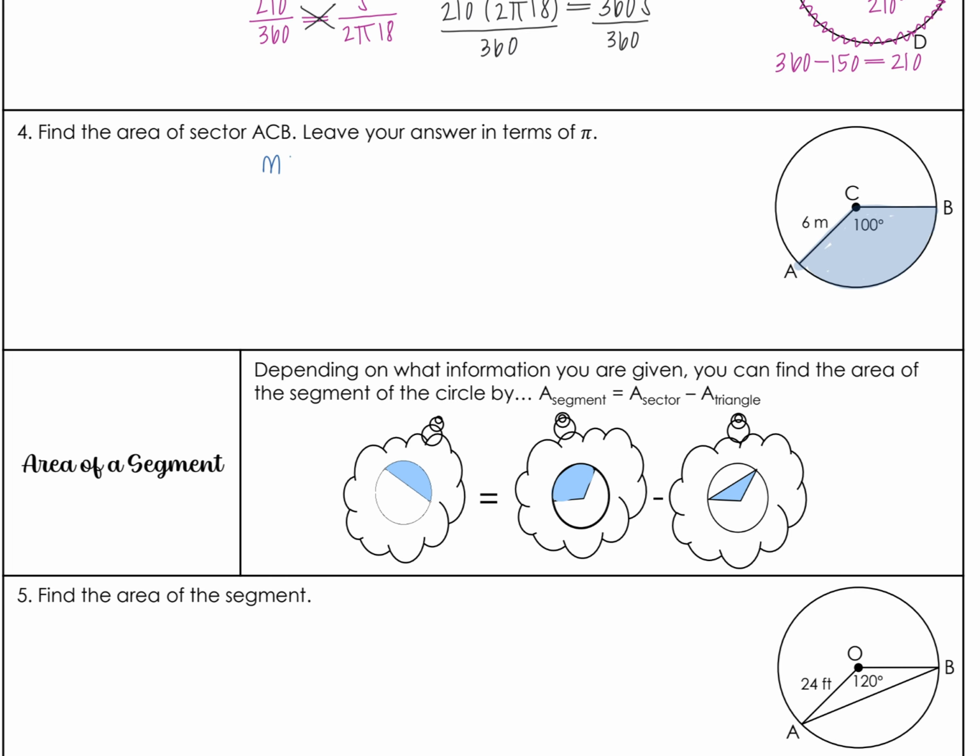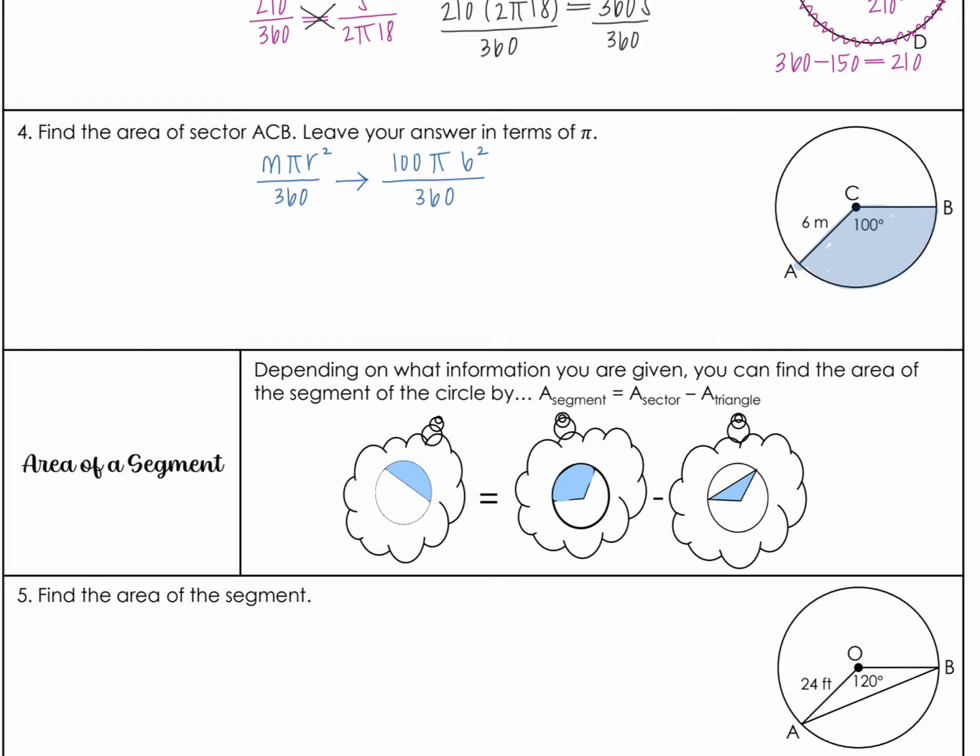We've got that M pi R squared over 360. So using my substitution, I know that my M, like I said, is that 100 degrees times pi, and then my R is that 6 squared, divided by my 360.